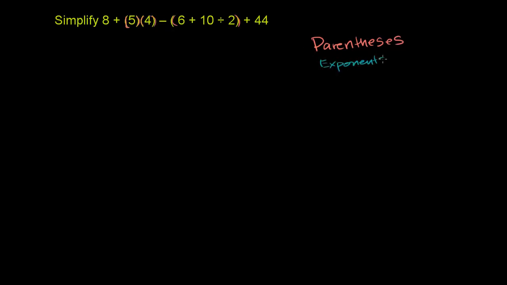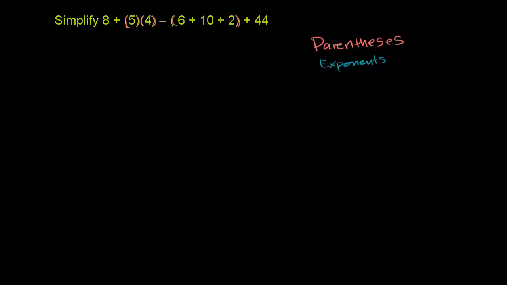Exponents. One way I like to think about it is that parentheses always take top priority, but then after that we go in descending order of how fast that computation grows. When I take something to a power, it grows really fast.